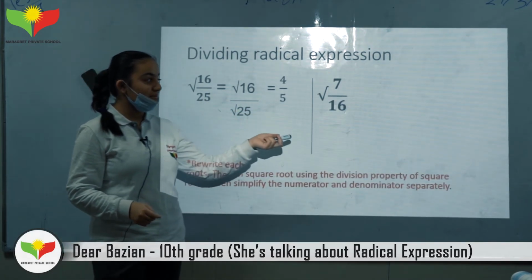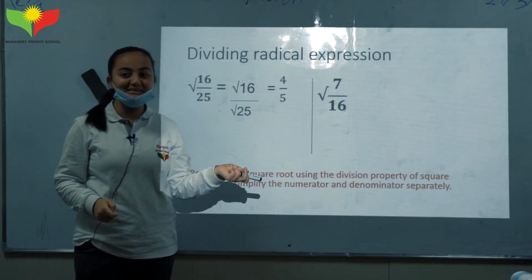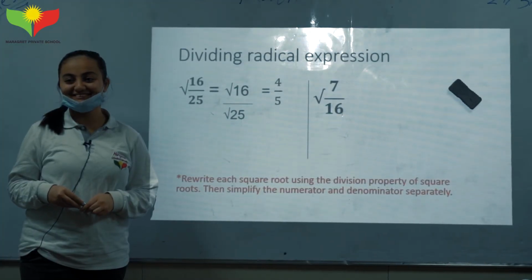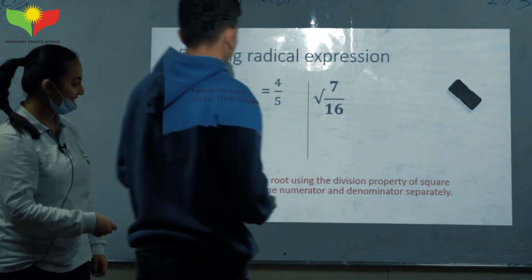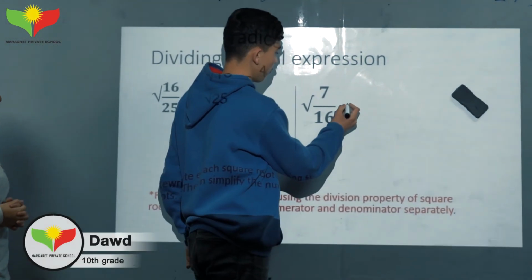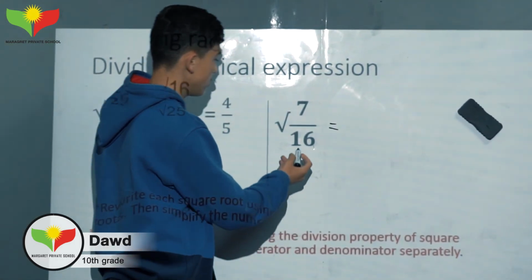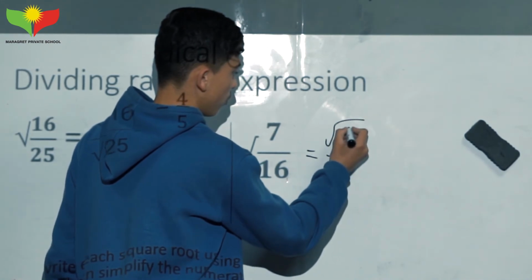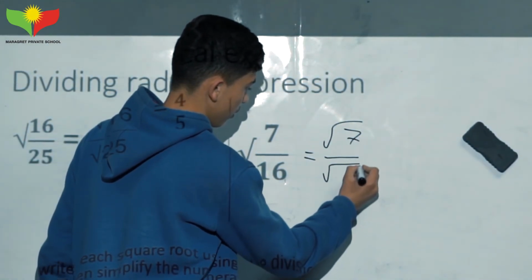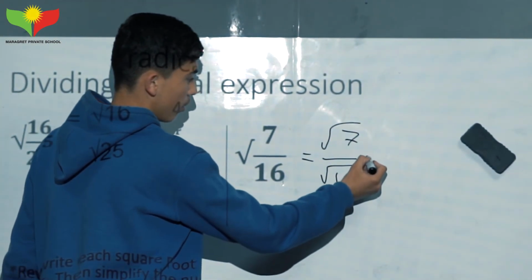And then we have this example, if anyone likes to do it. Yes, can I? Yes. The square root of 7 over 16, you can write the square root of 7 and the square root of 16.